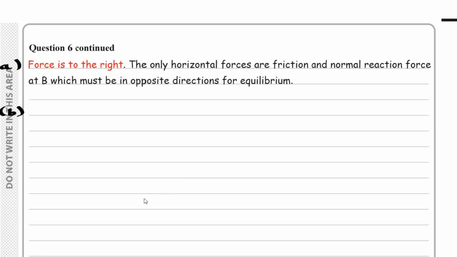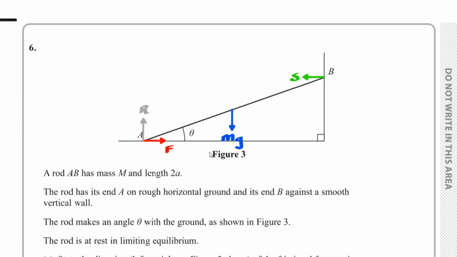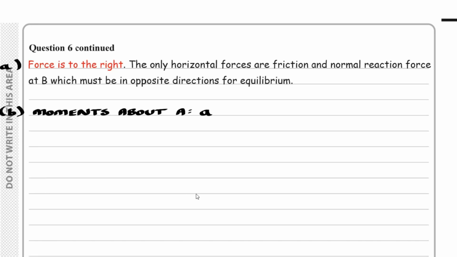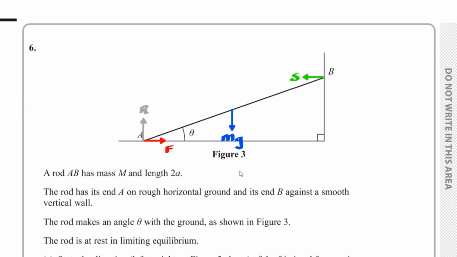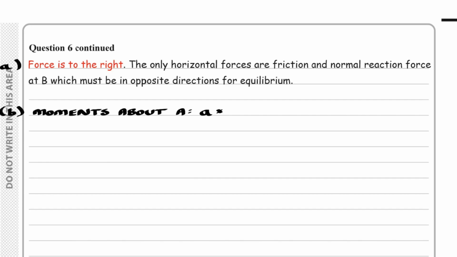So, for part B, if we take moments about A, we have clockwise equaling anti-clockwise. The mg is acting clockwise and the S is acting anti-clockwise. So if I think about what's going clockwise, we have the length a, and we multiply that by the perpendicular force, which is given by mg cos theta. So this is clockwise.